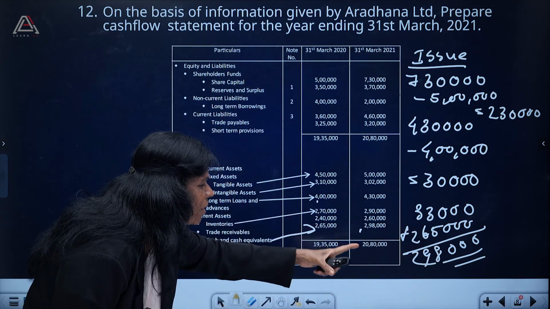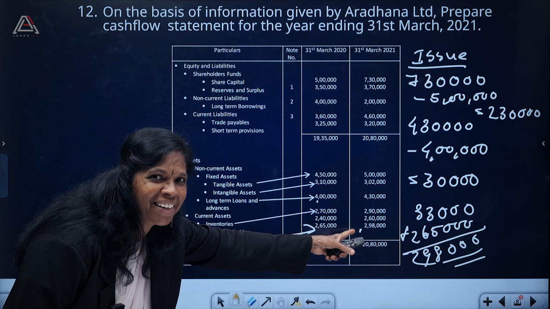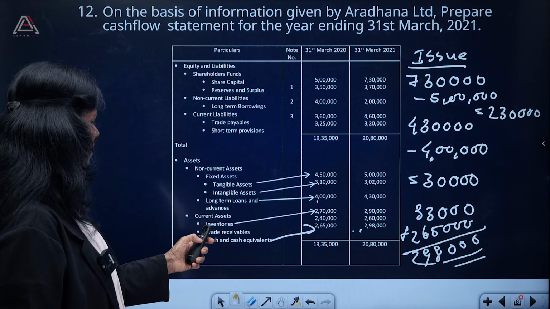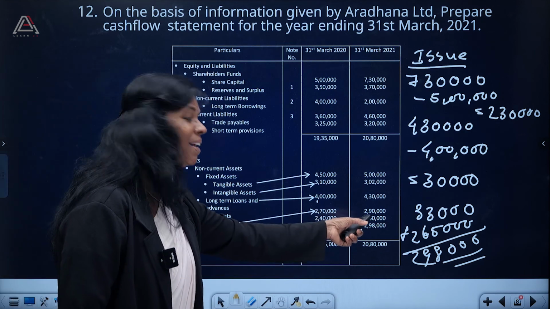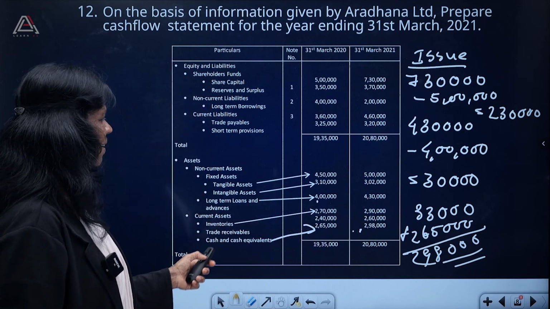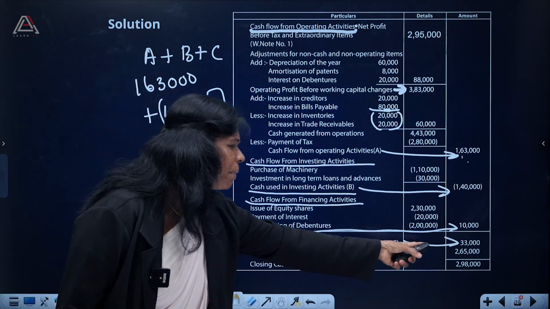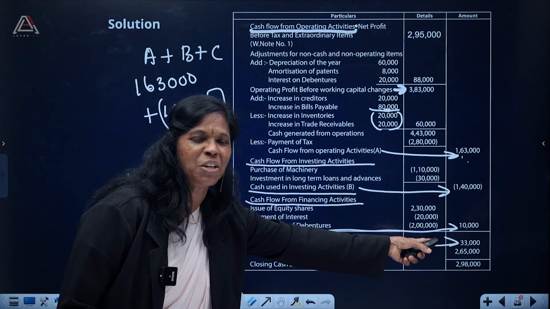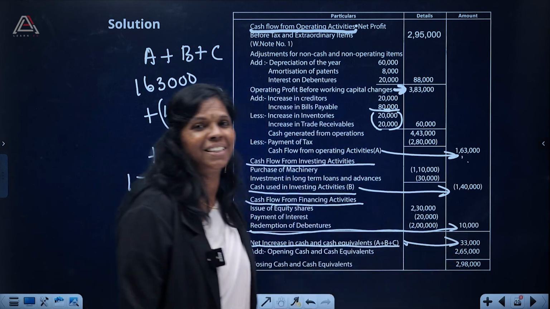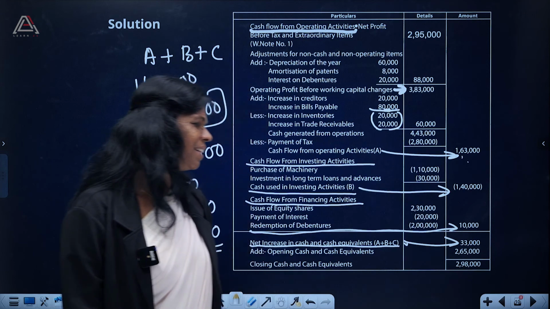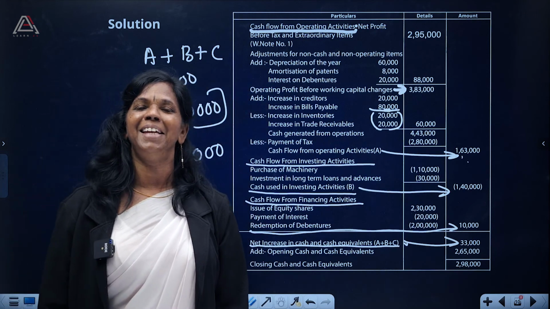How much is the closing cash balance? 2,98,000. We got it now. See, our problem is correct. This is the opening cash balance. This is the closing cash balance. We add 2,65,000 along with the 33,000, so we got cash and cash equivalents at the end, that is 2,98,000.